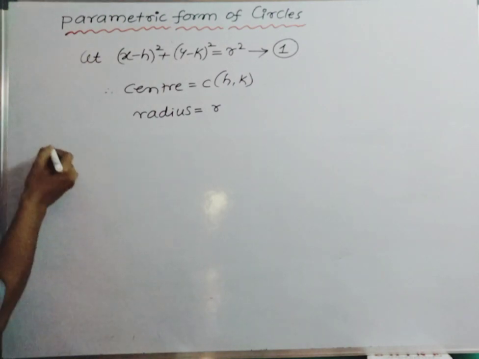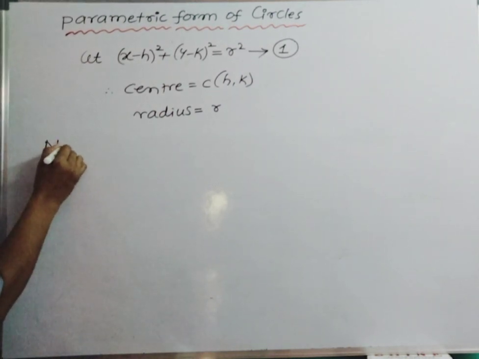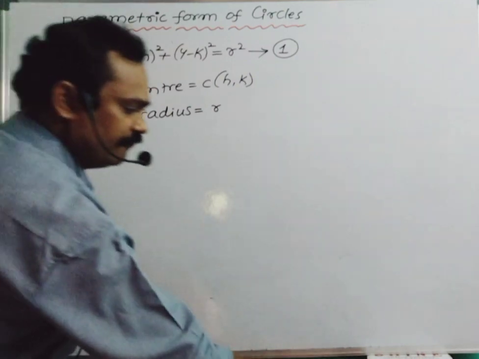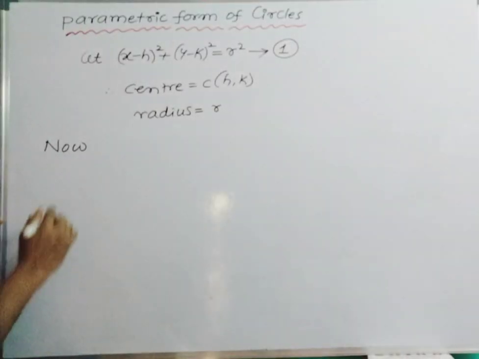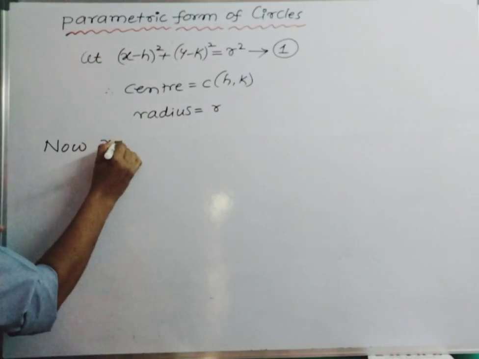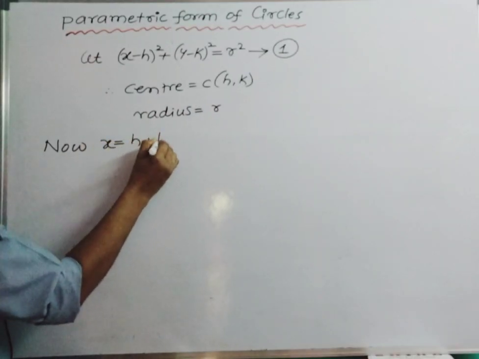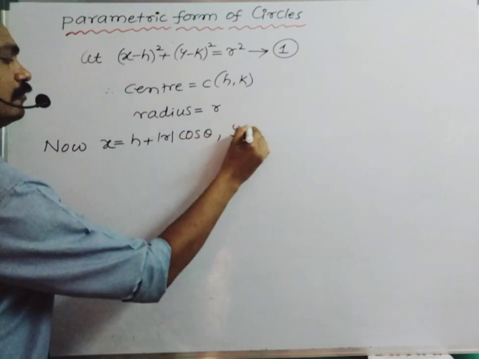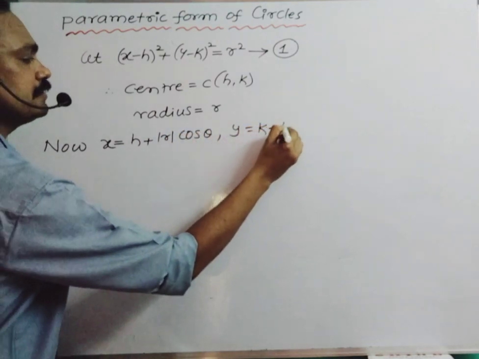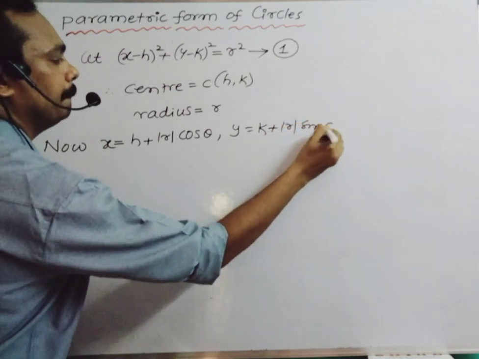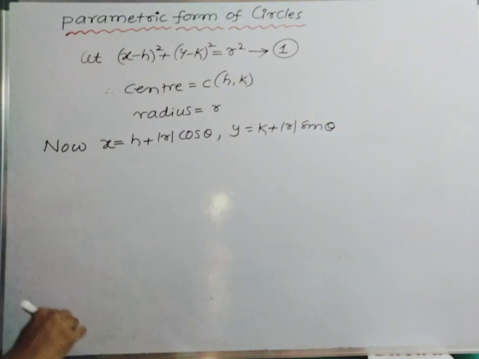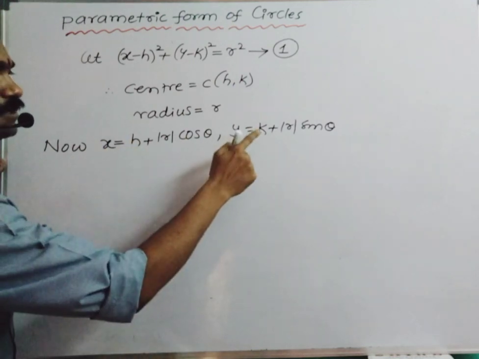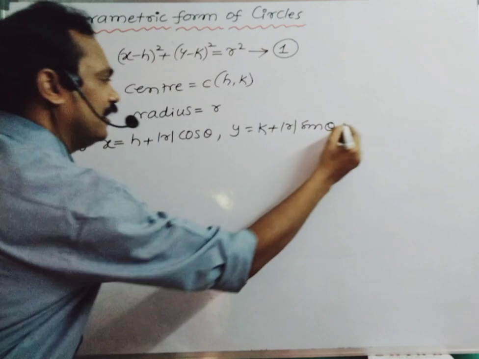Now observe carefully. I am explaining in a very simple manner. Now x equals h plus r cos theta, y equals k plus r sin theta.